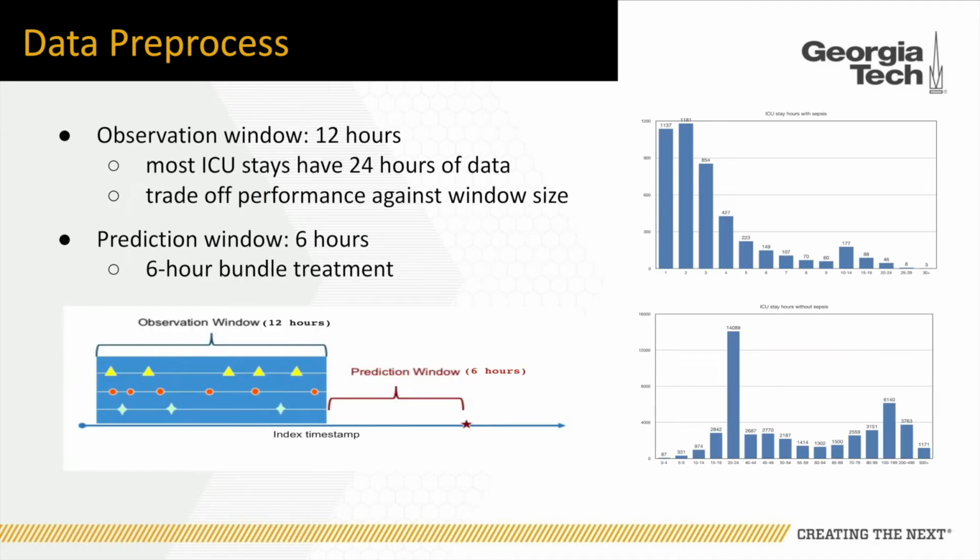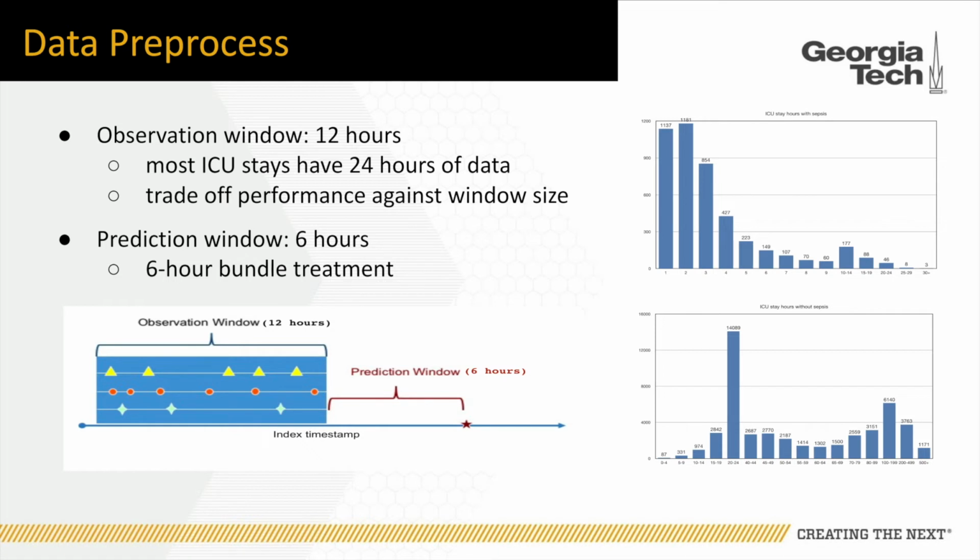In order to determine the observation window and prediction window, we calculated a distribution of ICU stay hours for each patient, which is shown in these slides. As we can see, most of the ICU stays have 24 hours of data. Since a smaller window size will yield a better model performance, we are reducing that time window to 12 hours. As for the prediction window, we found that many hospitals apply a 6-hour bundle treatment to sepsis patients.